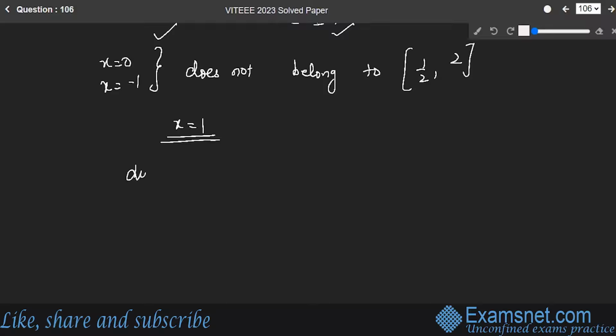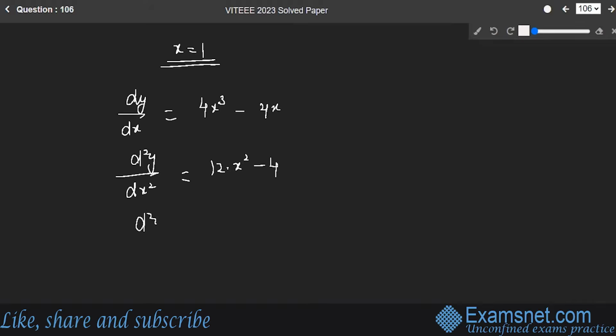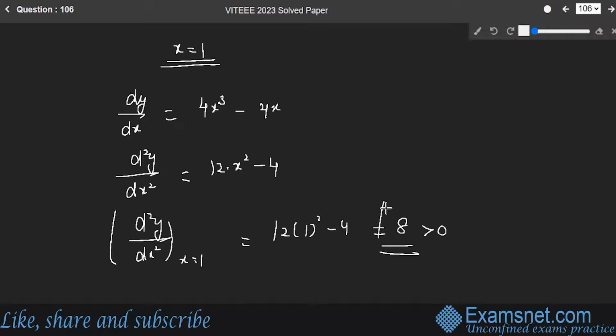Let's find out. You had dy by dx equal to 4x cube minus 4x. I think this was the one. Yes. So the second derivative will be equal to 12x square minus 4. For the minimum value, you have to find the second derivative at the given x value. So this is equal to 8, which is greater than 0. So that means there's a minimum value of the function at x is equal to 1.